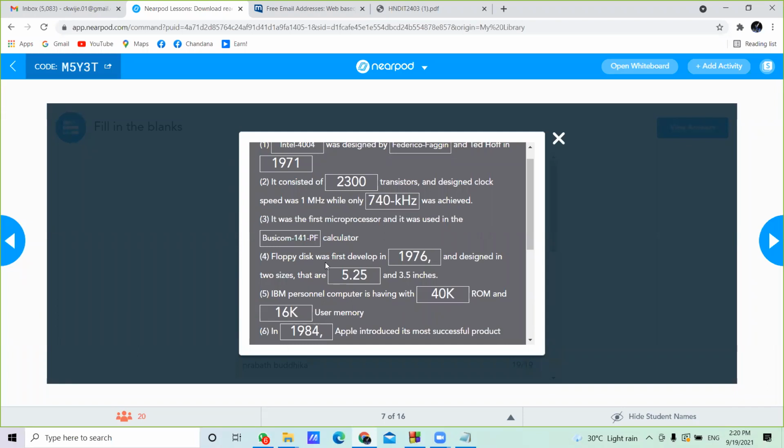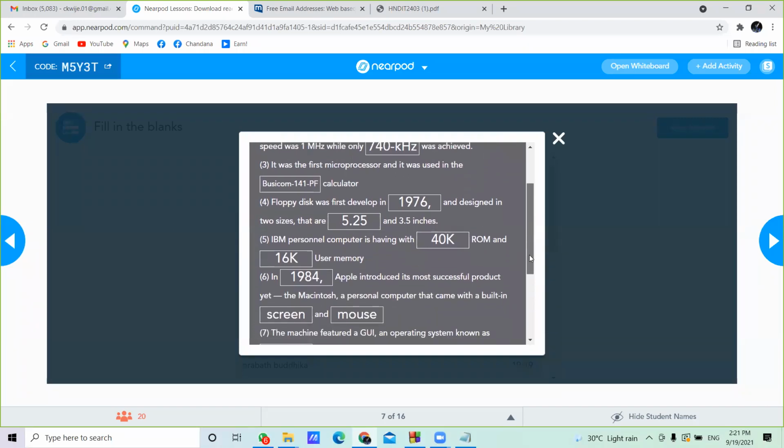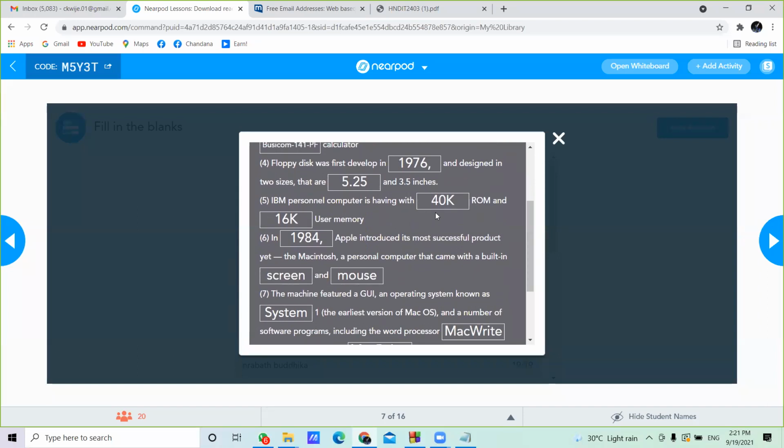Fourth one, the floppy disk was first developed in 1976 and designed in 5.25 and 3.5 inch sizes. This 5.25 is the answer. The IBM personal computer has 40K ROM and 60K user memory.